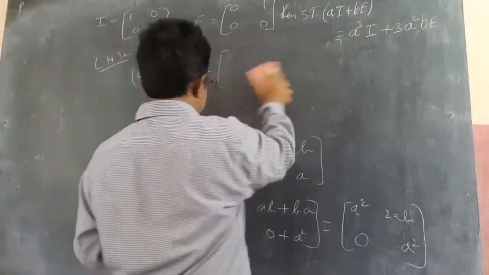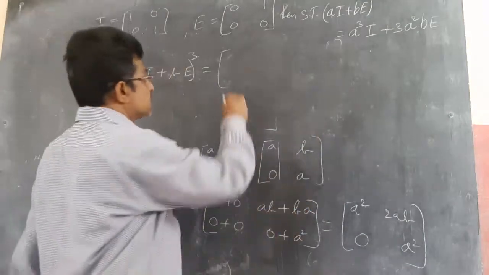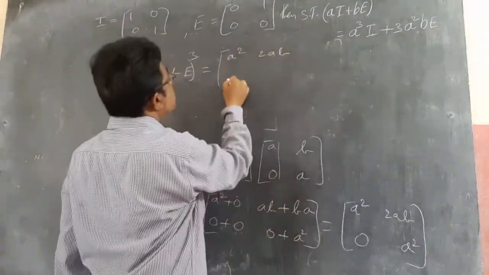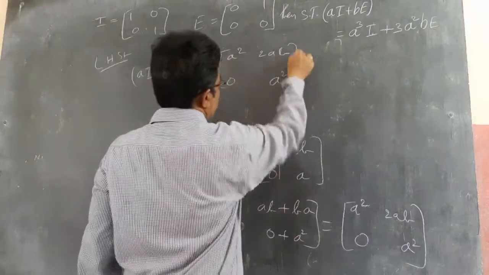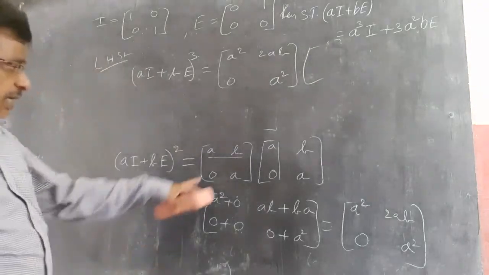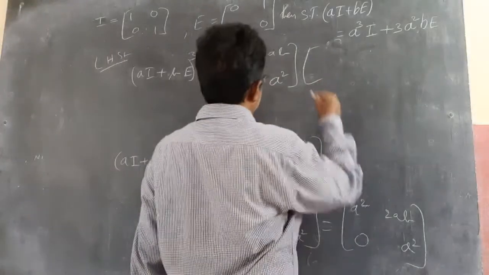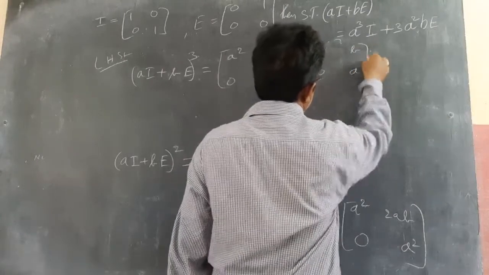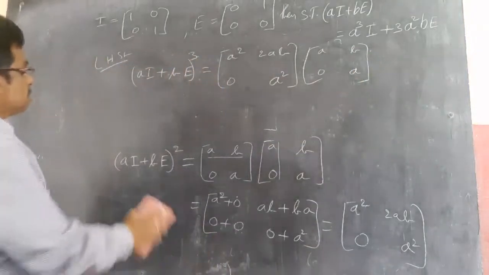What is the square I got? [a square, 2ab; 0, a square], into aI plus bE, which we got as [a, b; 0, a]. Now multiplying these two gives you the whole cube.